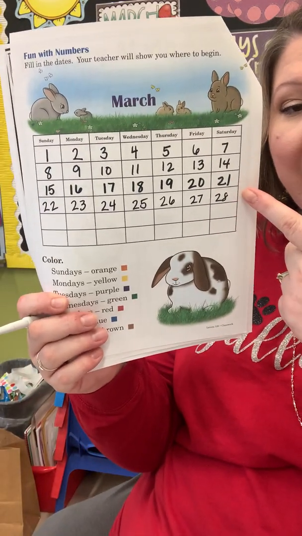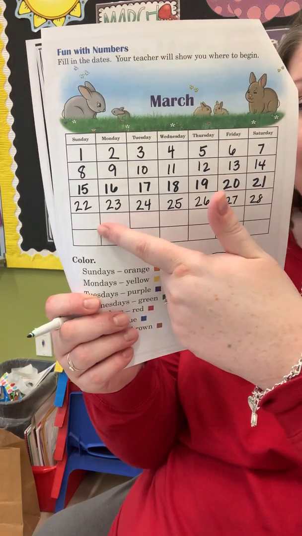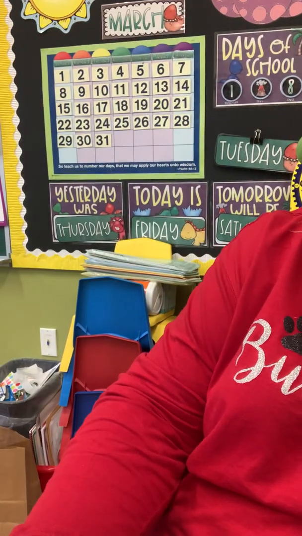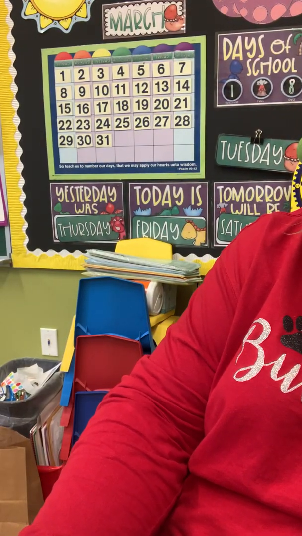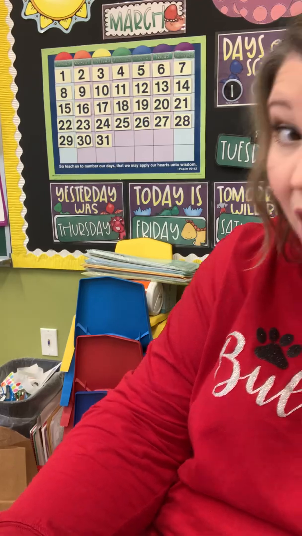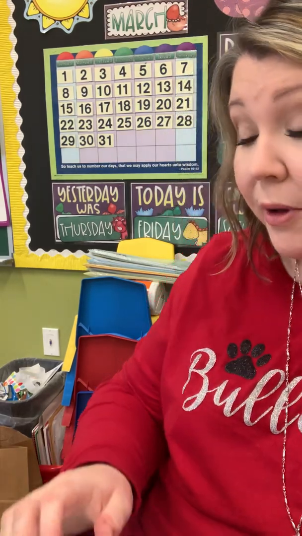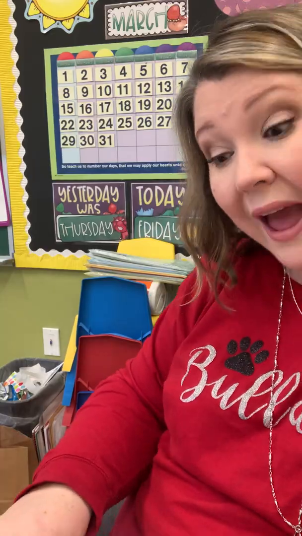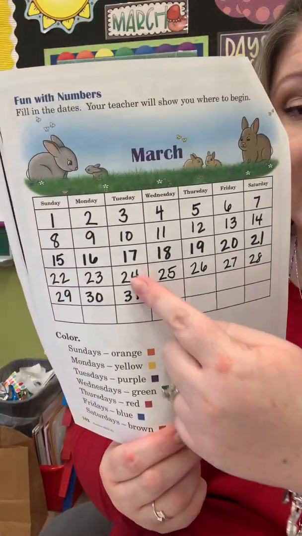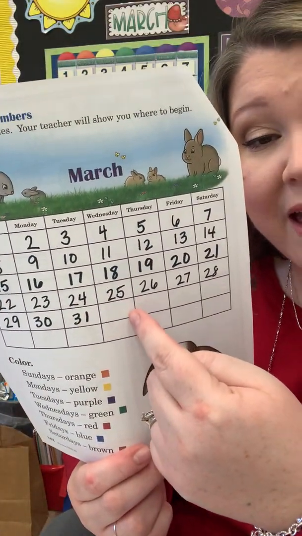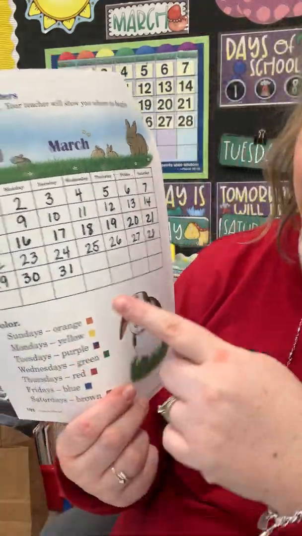I ended with 28. The next number is 29. Now we're going to stop at 31 because remember, March only has 31 days. That means the very next day was April 1st.